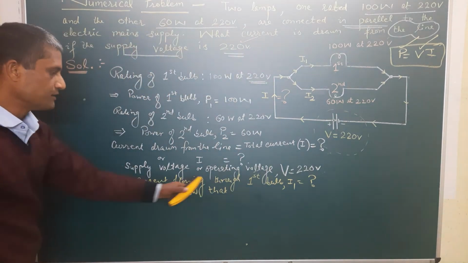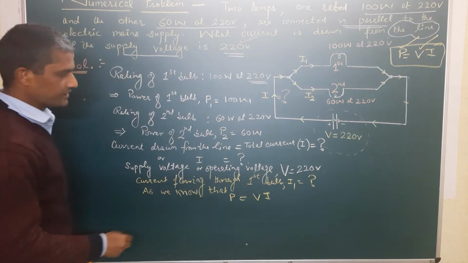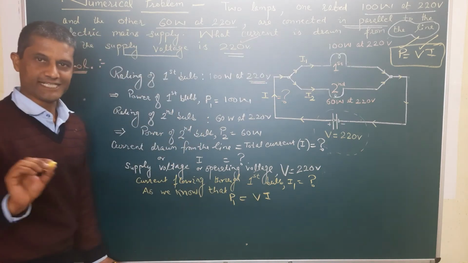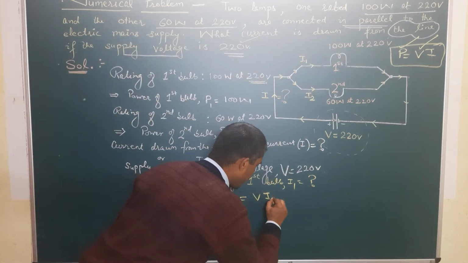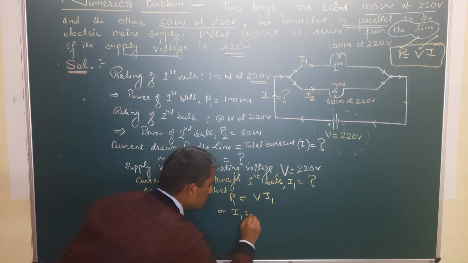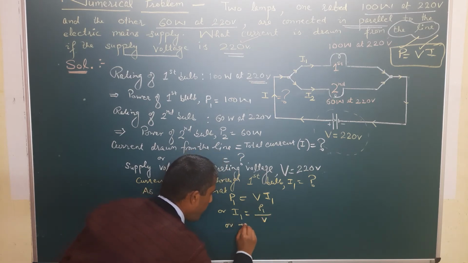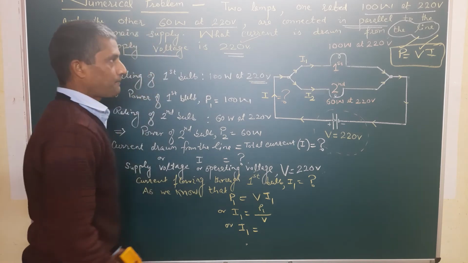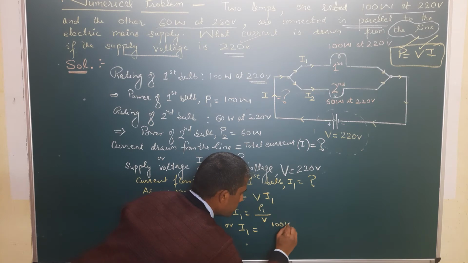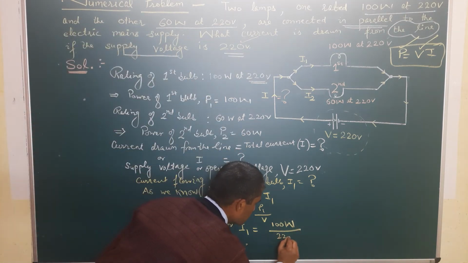Here, P is equal to VI, but remember it is the first bulb. The power is going to be P1. Voltage remains the same, that is V, but the current is taken as I1. So I1 is equal to P1 upon V. What's the power of the first bulb? 100 watt, divided by V, which is 220 volt.